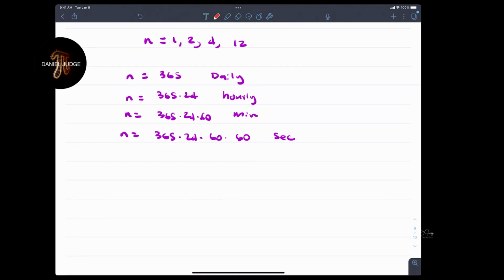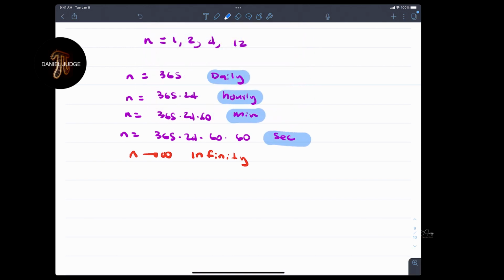What I'm going to say is we're going to let n get arbitrarily large. This is the idea that n is going to infinity. To infinity and beyond. Meaning the number of interest payments you get per year gets arbitrarily large. So it's not daily, it's not hourly, it's not every minute, it's not every second.